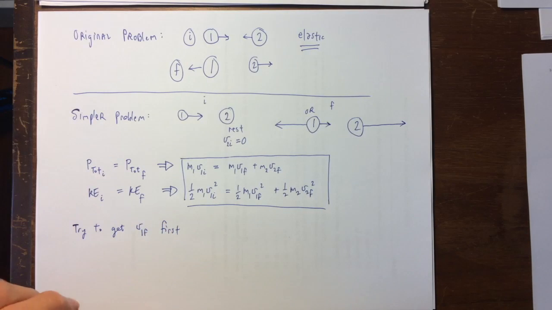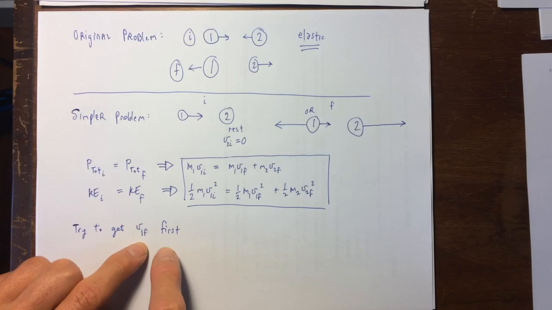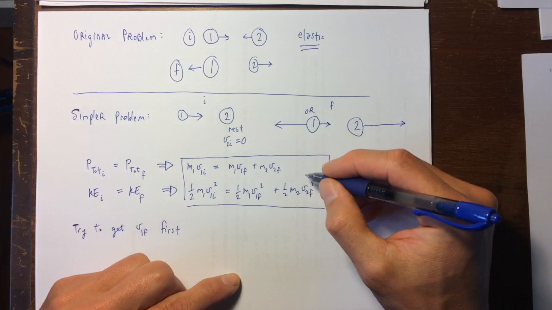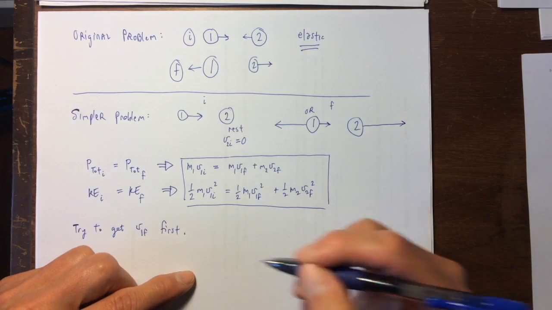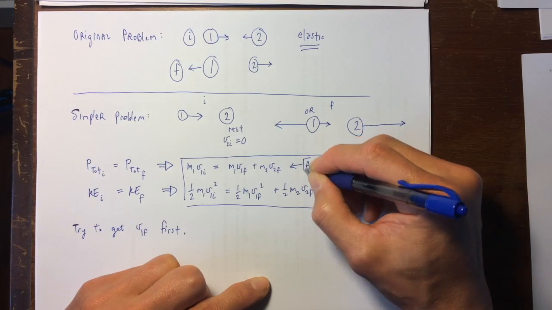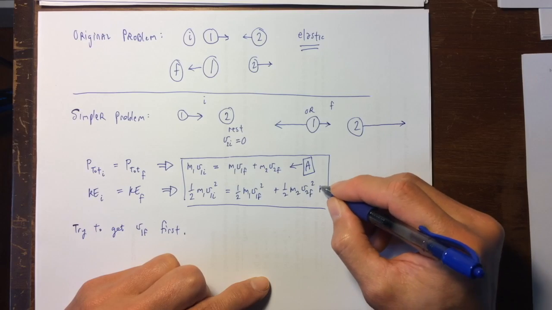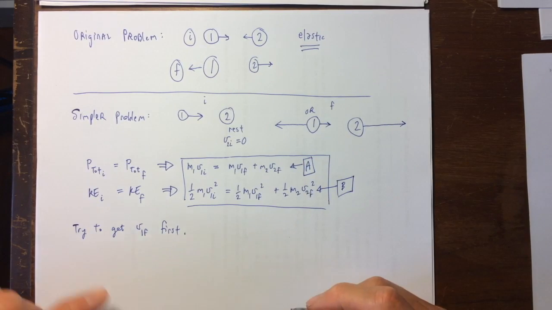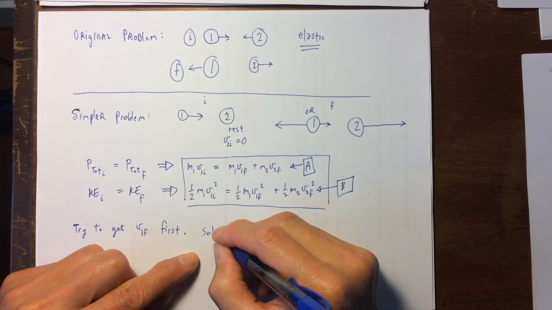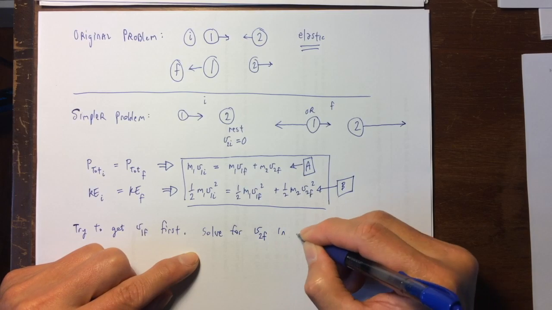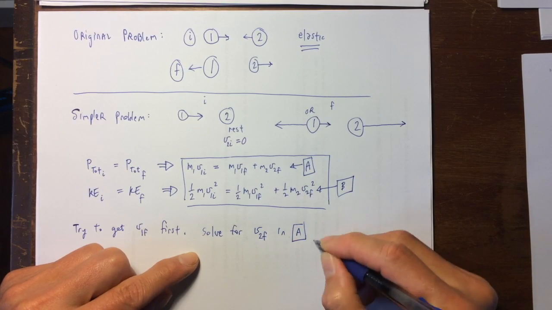So if I want to try to get V1 final first, here's how I'm going to do it. Let's call this equation A and this equation B, right? Let's solve for V2 final in equation A.